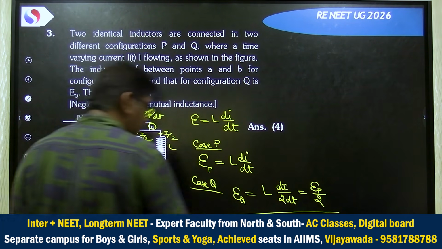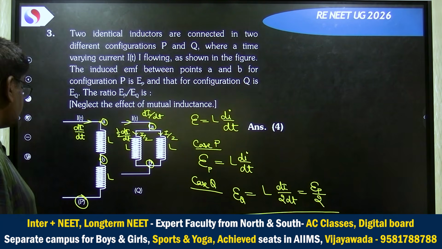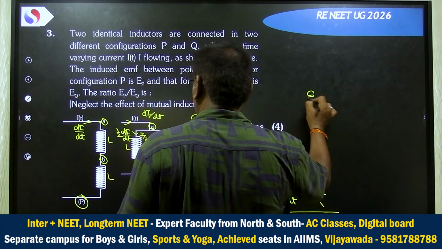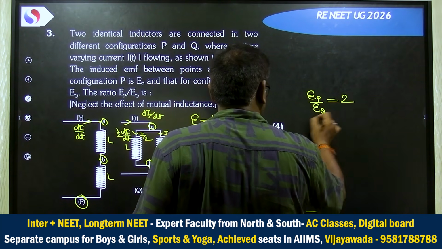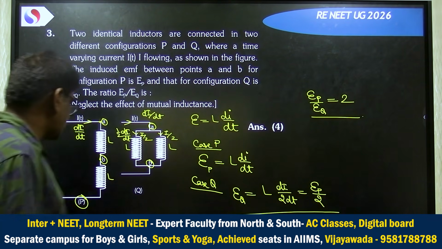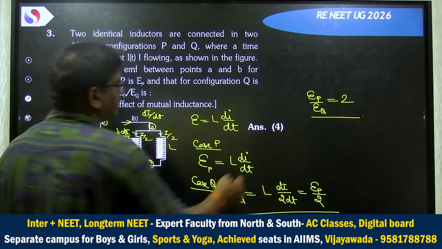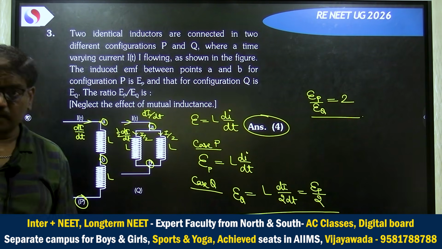Now we have to find the ratio EP divided by EQ, which is coming as 2. So 2 is given in the fourth option. That's why we are going with the right option as 4. Okay, so your third question is also completed.